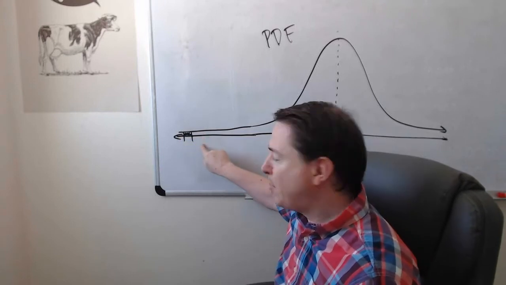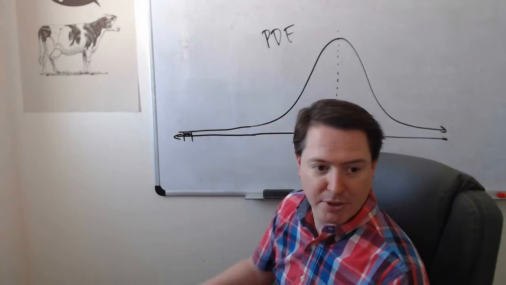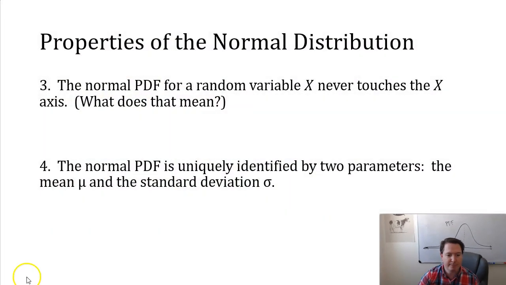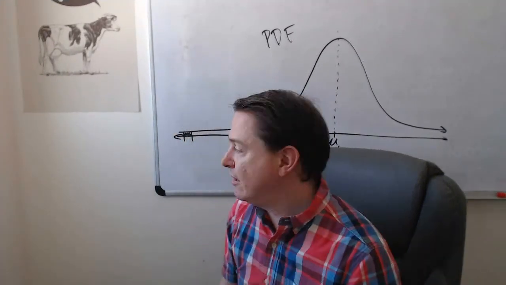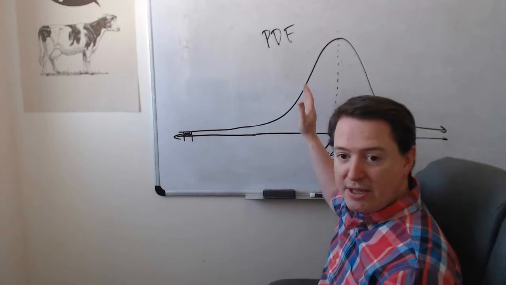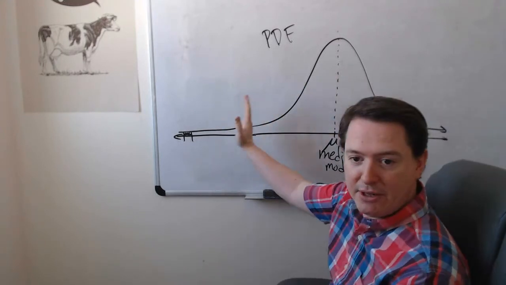I can never have a probability of 0 for a range of numbers with the normal distribution. And I say that a normal PDF is uniquely identified by 2 parameters, the mean and the standard deviation. That's just saying that all bell curves are essentially the same. I can just move them left or right by changing the mean.